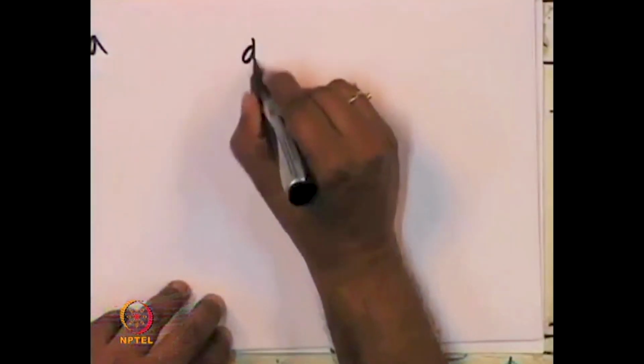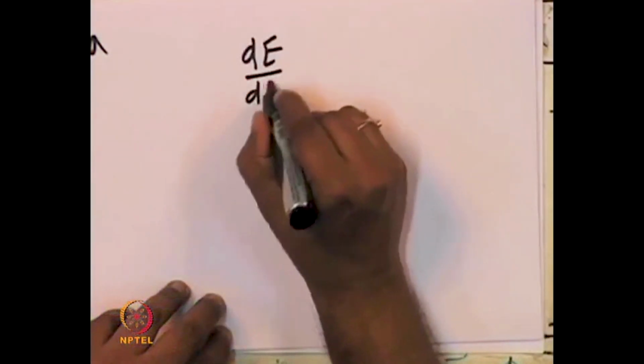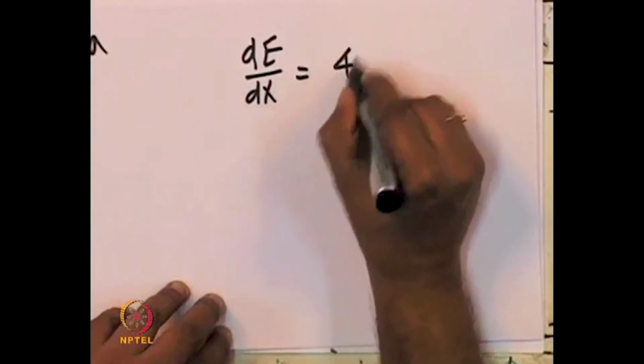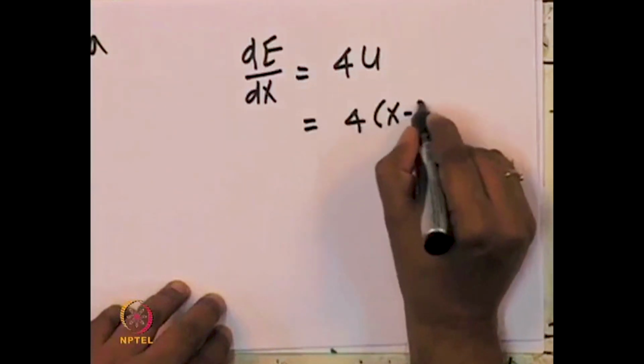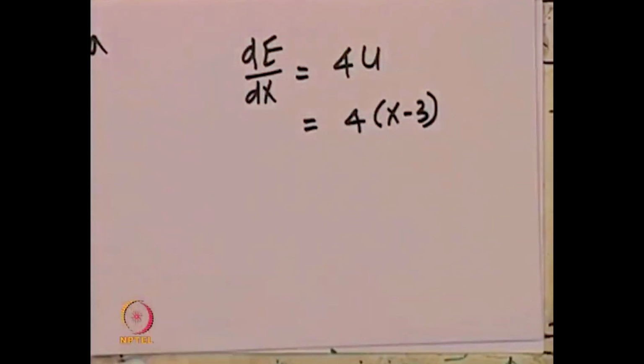Now let us rewrite this. The answer is dE by dx is 4 times u, and we knew that u is x minus 3. So 4 into x minus 3. So this is the derivative.